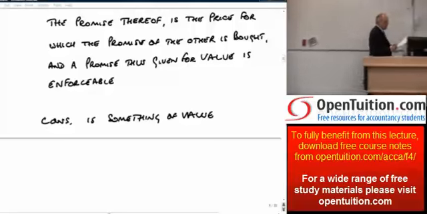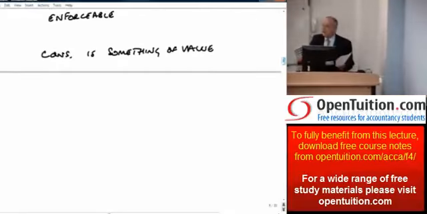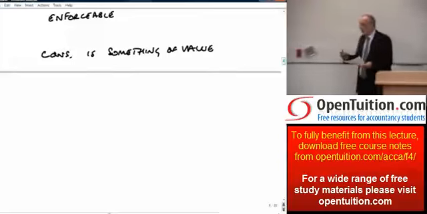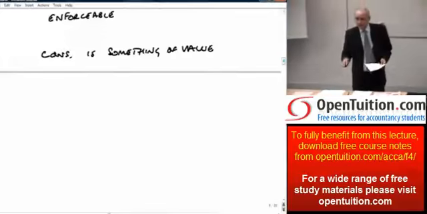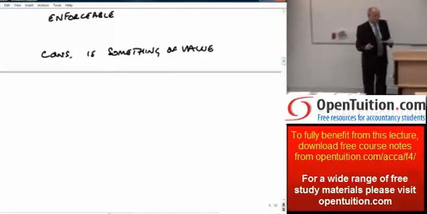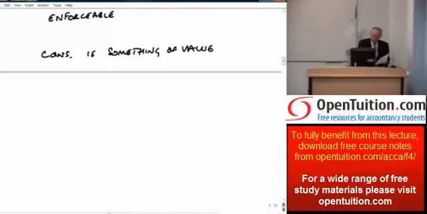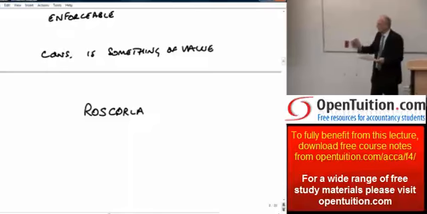So the way you may choose to remember Roscorla is by remembering the name of my older sister and the name of my younger son. That would help. My younger son is called Ross, with two S's, and my older sister is called Carol, and if you change the letters of Carol, you finish up with Cola. So Roscorla, my son and my sister.